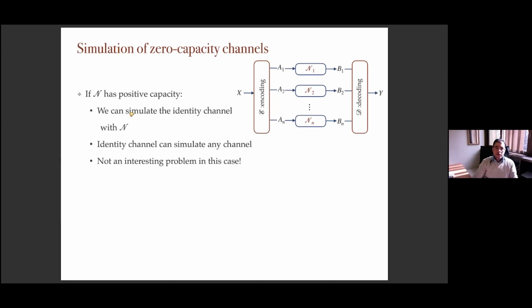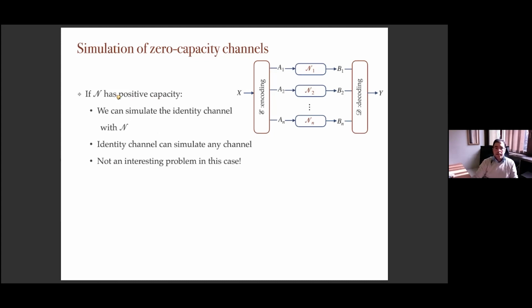And because I can simulate, or at least approximately simulate, this identity channel over a single bit or single qubit, I can use the identity channel itself to simulate any other channel. I can introduce more noise to the identity channel to simulate any other channel. So if the capacity of N is positive, I can simulate the identity channel out of that, and then use that identity channel to simulate any other channel.